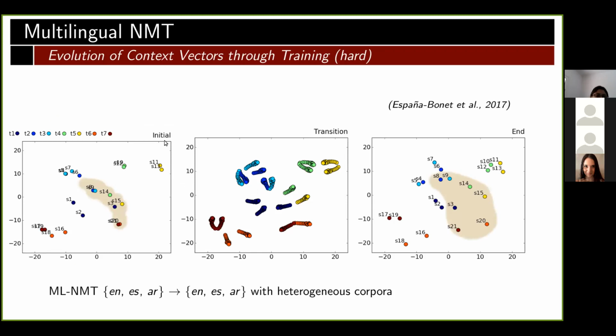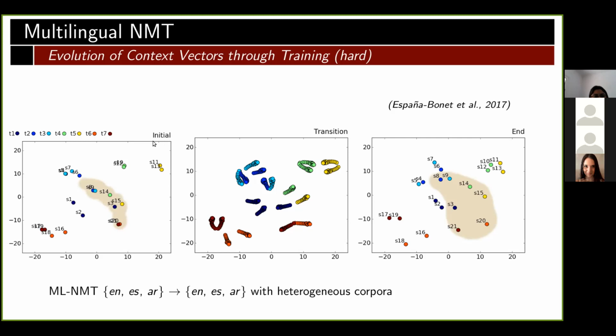At the beginning, you see a higher clustering per language. So everything in Arabic, this shaded region, is smaller. That means that Arabic was very clustered together, and then it started to expand to try to cluster semantics afterward. So there is a trade-off.